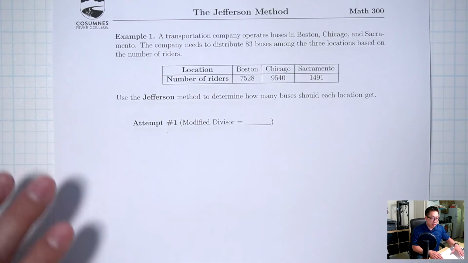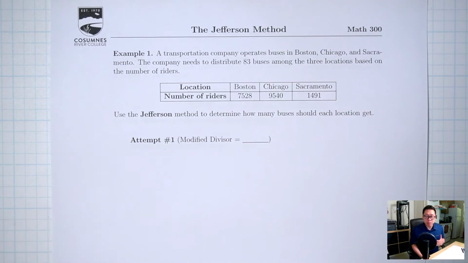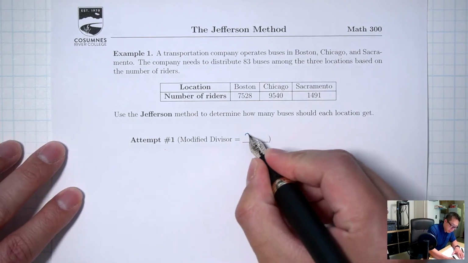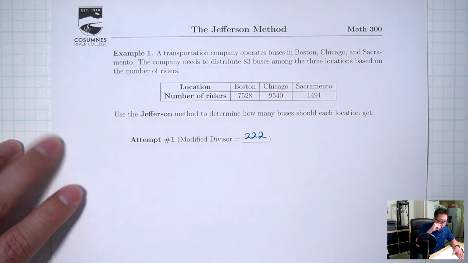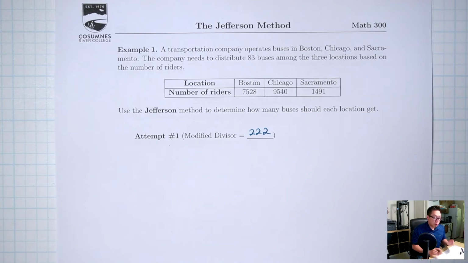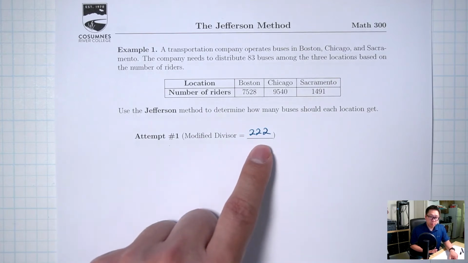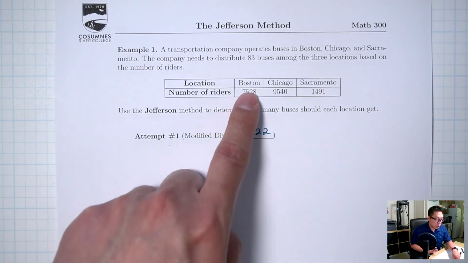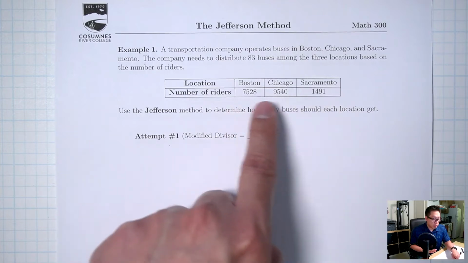So in this example, we're talking about the same thing, 83 buses shared among these 3 cities based on the number of riders. And I'm going to start you off with the first modified divisor. So we're going to be using 222 as our first guess. In all the problems, I'm going to give you that first guess. So what we're going to do is take 222 and divide each of these numbers of riders by 222.